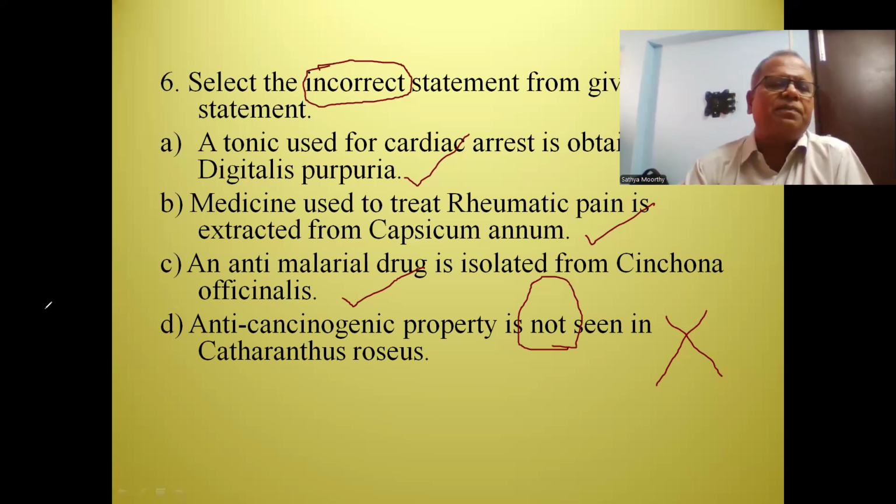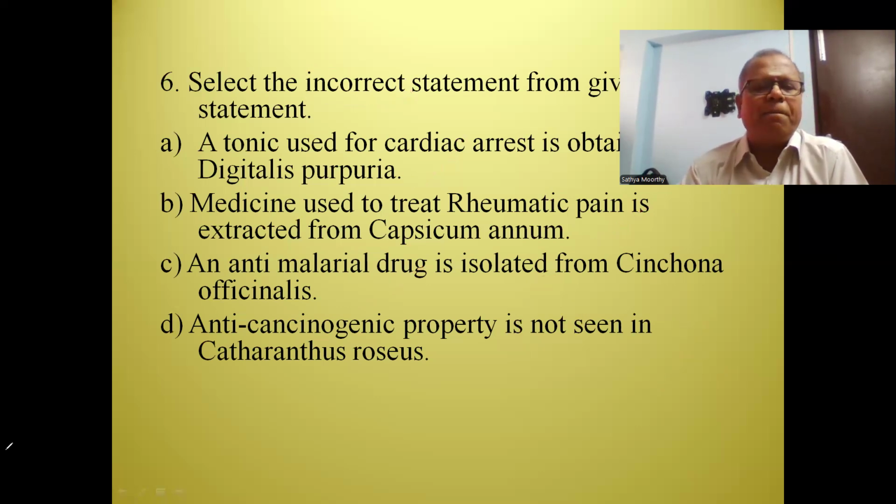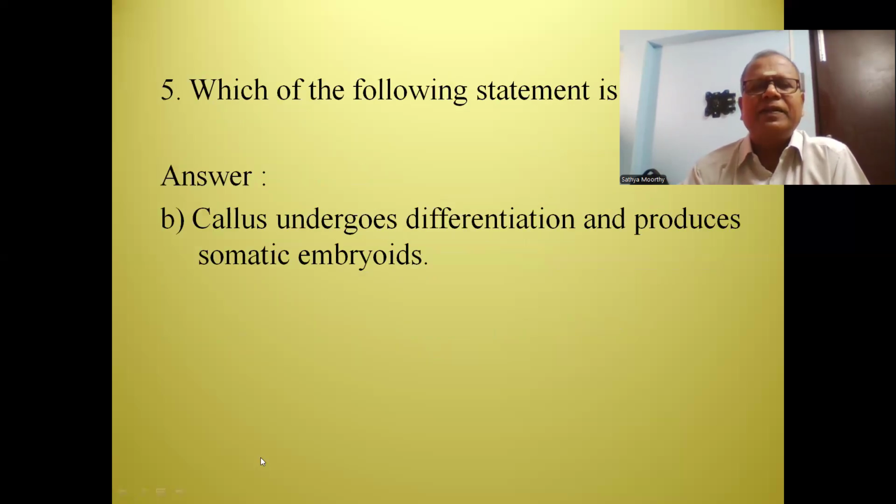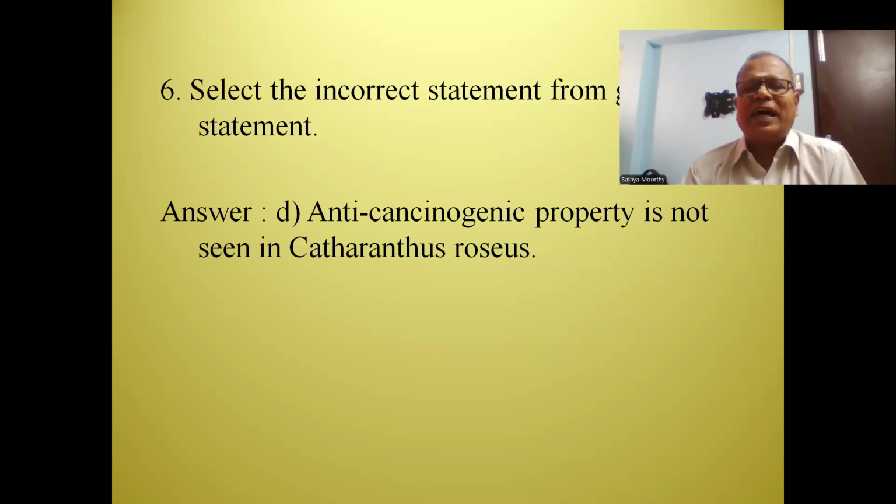Let me check the answer. Answer is option B, anti-carcinogenic property is not seen in Catharanthus. Actually, it is seen in Catharanthus, so this is incorrect.